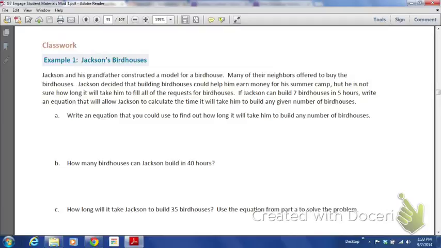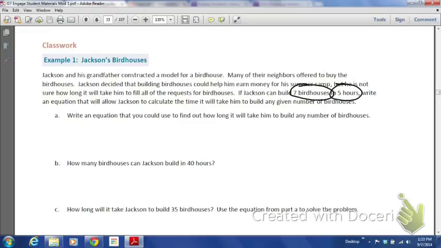So here we go. Jackson knows he can build 7 birdhouses in 5 hours. What I want you to do with these two bits of information, 7 birdhouses, 5 hours, you guys thinking ratio? I want you to go ahead and write an equation.